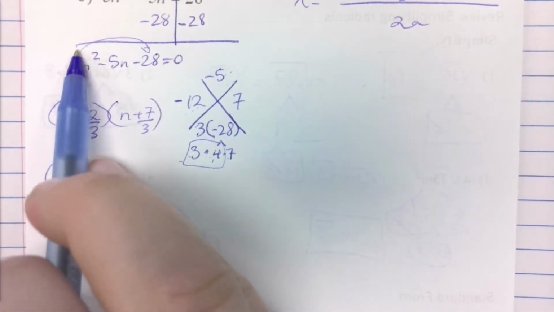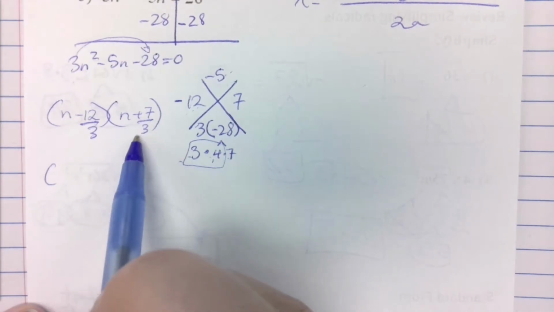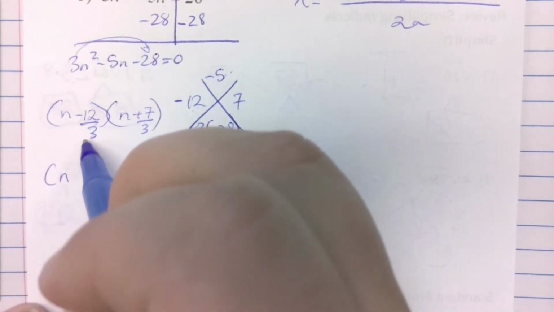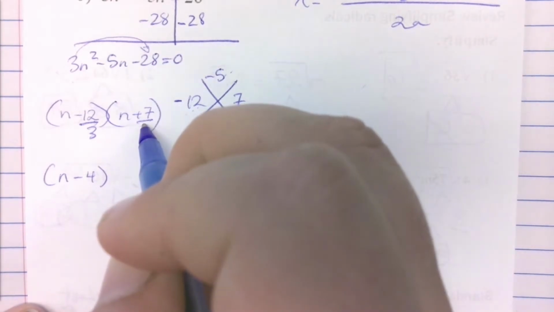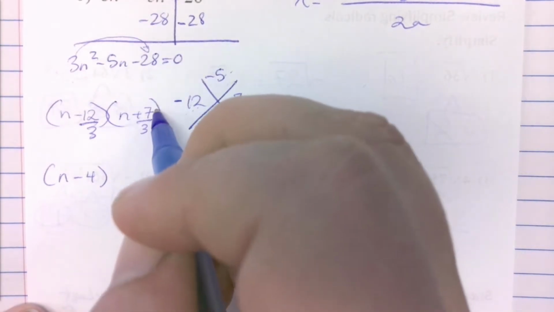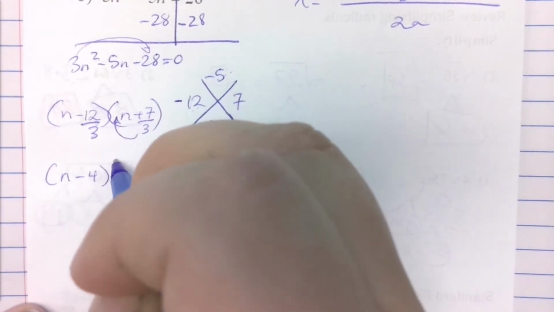We divide by that 3. That 3 in front, we multiplied to that 28. So we divide by it now. What's 12 divided by 3? 4. Does this go nice? Does that reduce or do anything nice? No. So shove that 3 in front.